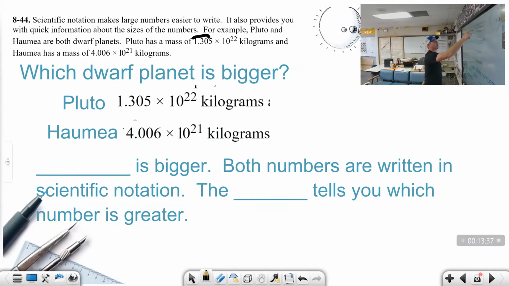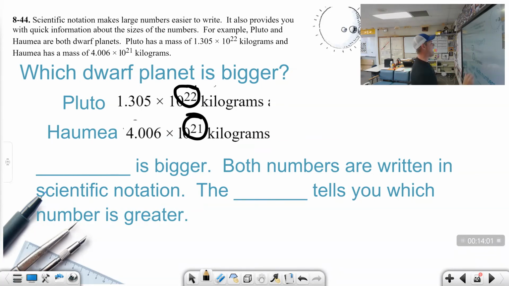Some people are tempted to look at numbers like we normally do. Say, oh, the 4 is bigger than 1, so Haumea is bigger because 4 is bigger than 1. But this is in scientific notation. I want you to notice 22 is a higher power than 21.